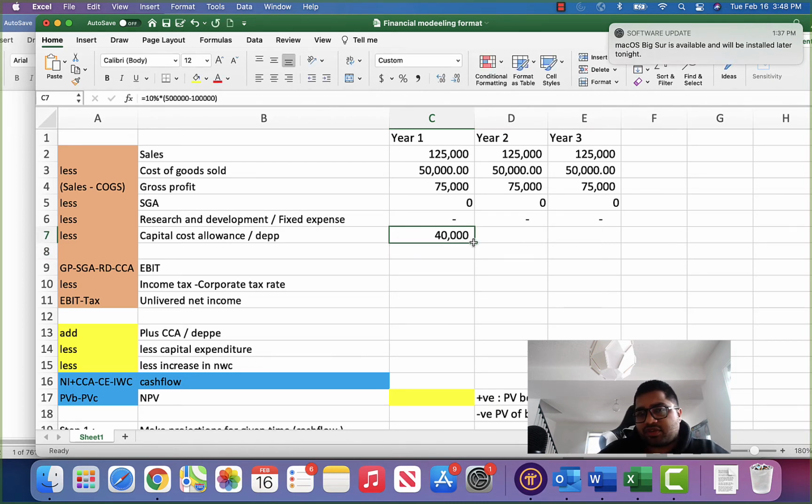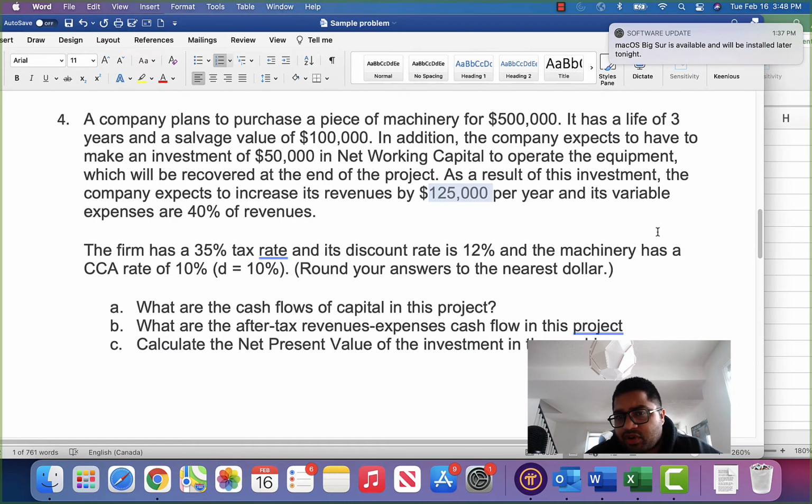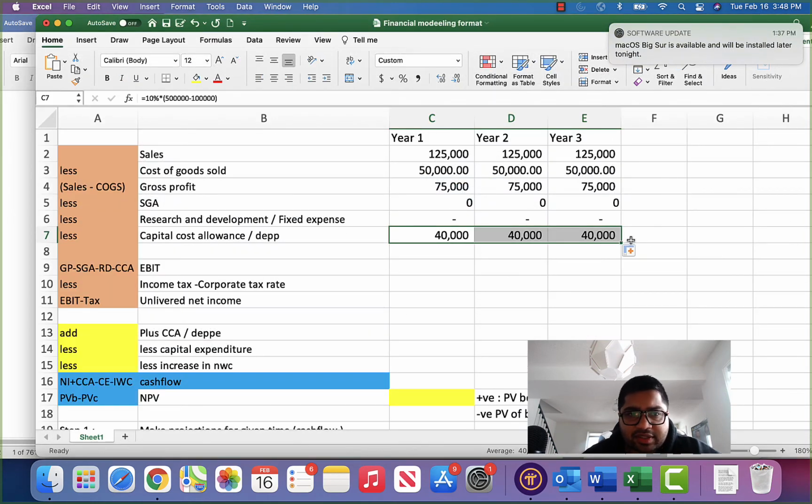So $40,000 of depreciation each year. Now this goes on in the future too, because we are not recovering the whole cost, but that's okay. They have not given us anything on how to deal with that. So we'll leave it at that. Okay, so $40,000 is the depreciation.